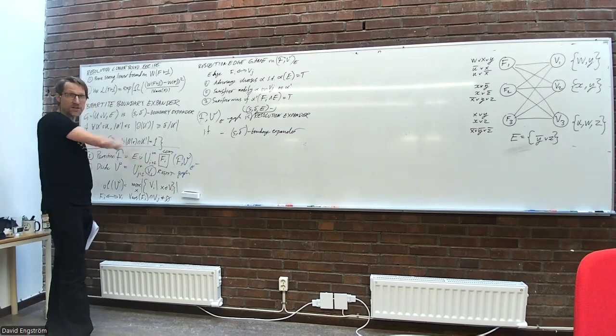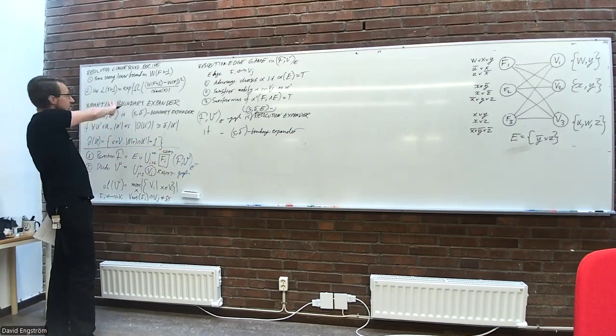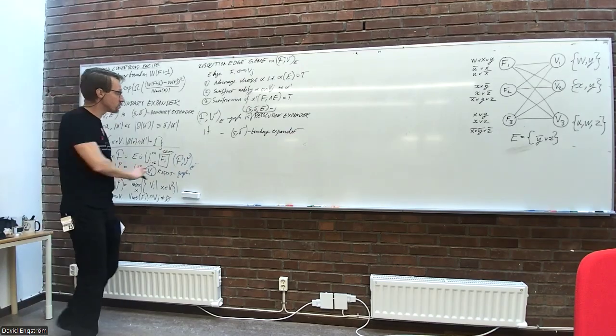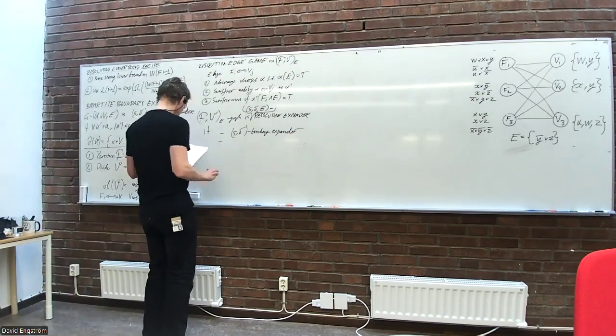Once I've defined my partitions, I get a graph. I can ask, is this an S delta unique neighbor expander, yes or no? This is my first condition.